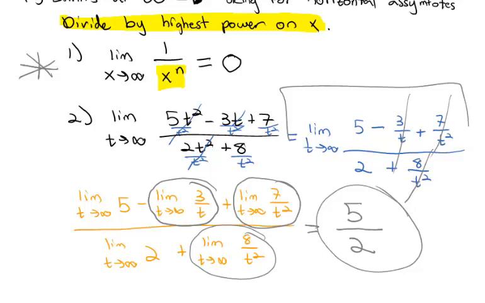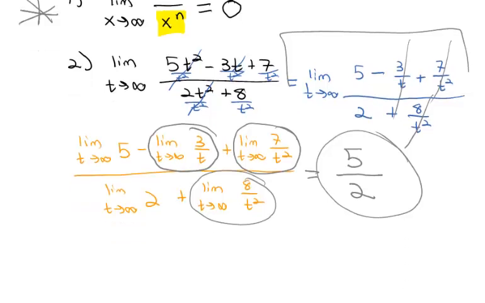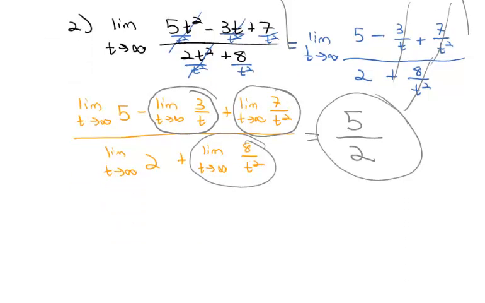If you want to do it that way, I'm okay with it. I'll let you get away with that. Let's do another example, though. Let's do the limit as x goes to infinity of 7x plus 2 over 3x squared minus x plus 1.